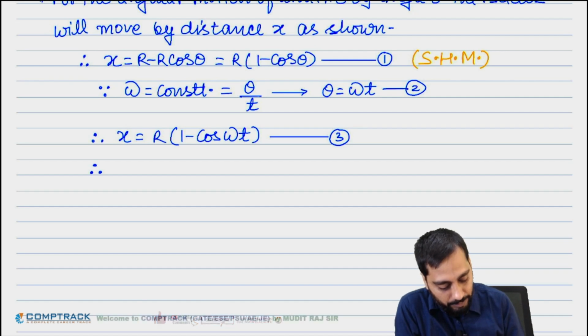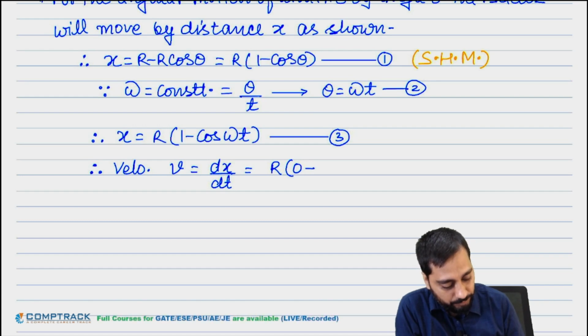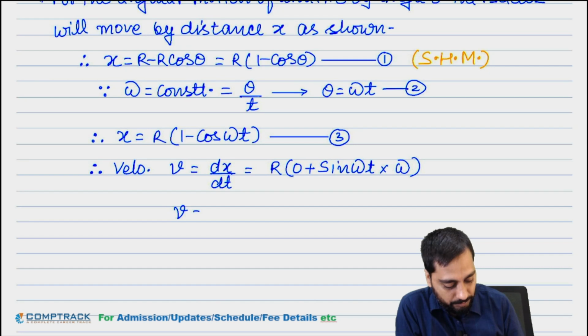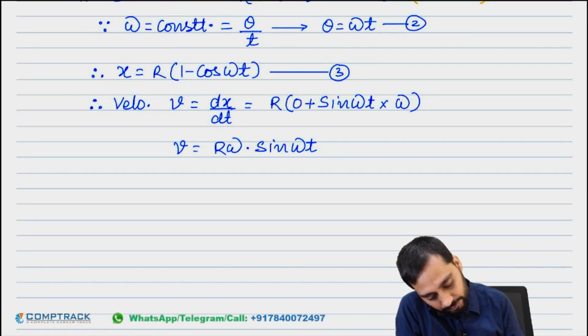Now velocity v will be equal to simply dx by dt. So here it will be R, it will be 0 minus cos omega t will become minus sin omega t into omega. Yes or no? So the velocity of slider will become R omega sin omega t, like this. Now acceleration you can find.